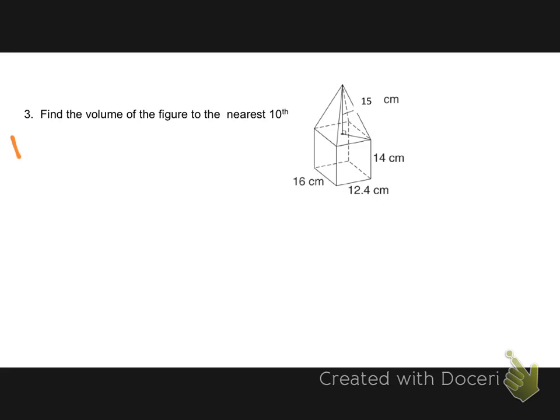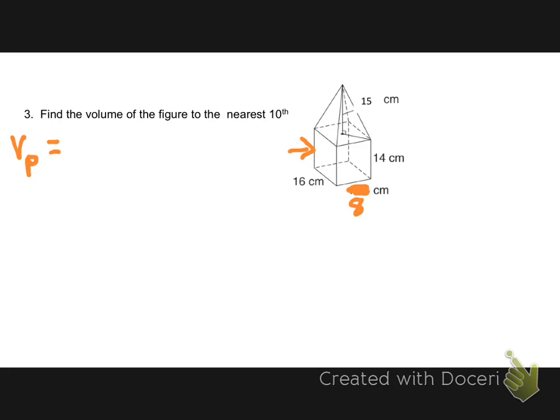So first off, we're going to find the volume of the prism. That's this bottom section right here. And so to find the volume of a rectangular prism, remember, it's just length times width times height. Well, let me change this here. On yours, it's actually 8.